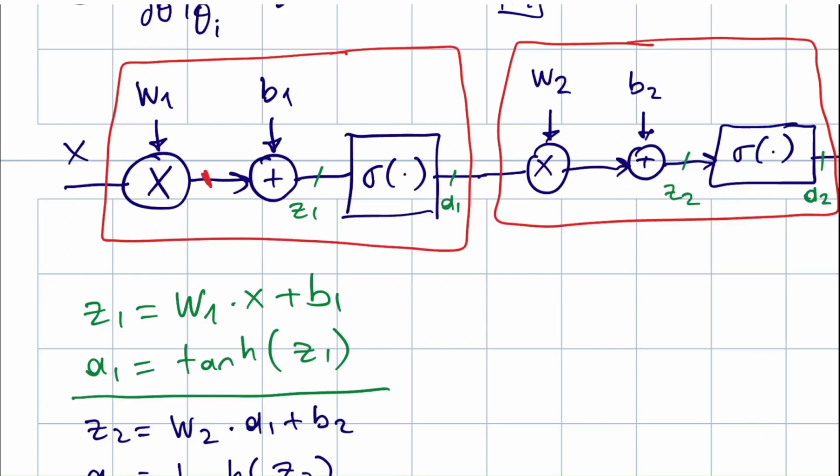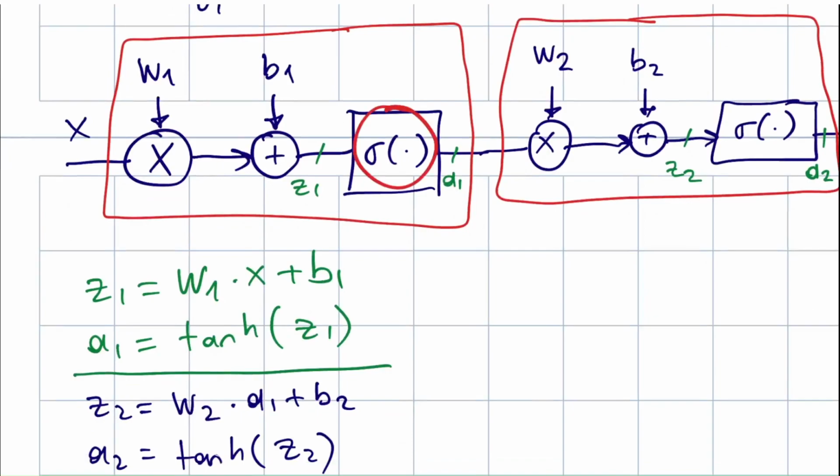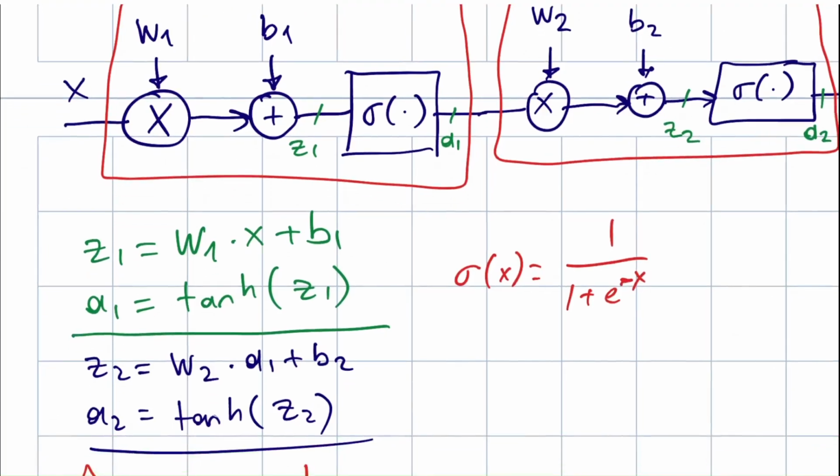This point is w1 times x, and we have b1 added to that, and we have z1, right here, and then we have the sigmoid function, which is this. Fun fact, the derivative of sigmoid is this, not that we're going to use that, by the way.